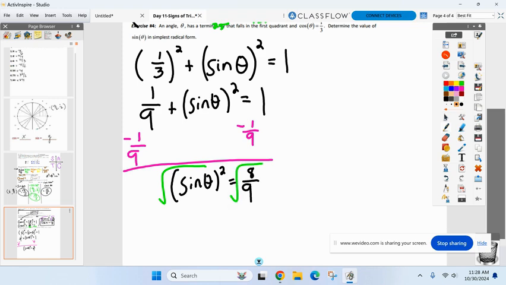You guys are so lucky with that calculator. It leaves it in radical form for you. 2 radical 2/3. What do you got? 2 radical 2/3. Positive or negative? Positive. Why? Because your calculator said so? Why? In the first quadrant, what do you know? What about the first quadrant? All positive. Look at you back there. Good. Making me proud.